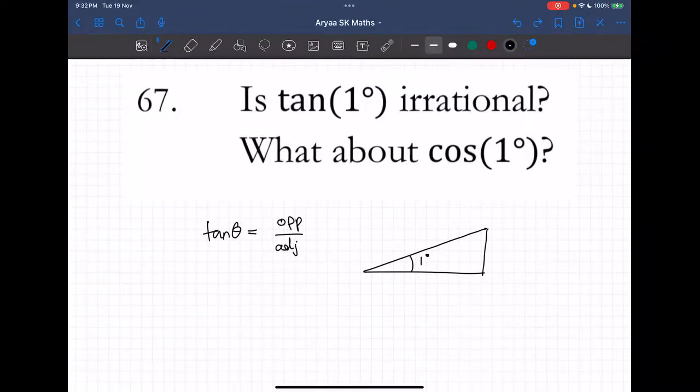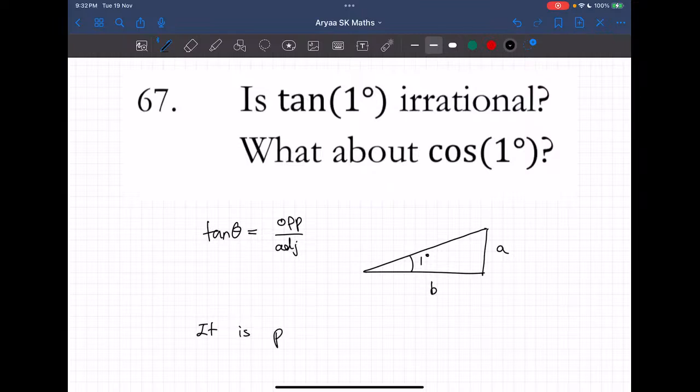Obviously we can construct a triangle which has side lengths. Let's say this had side length A, this had side length B, and yeah. So therefore, that's right.